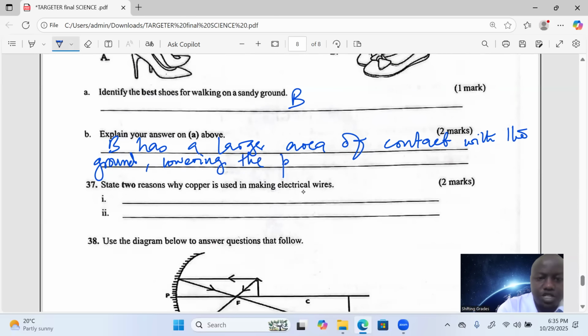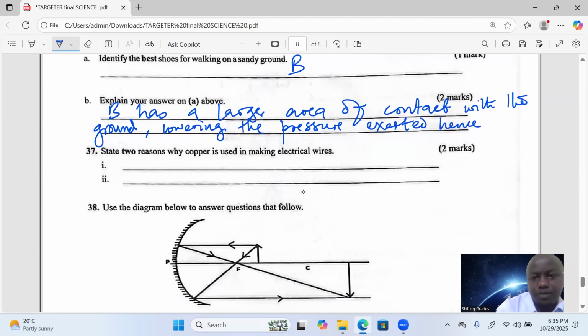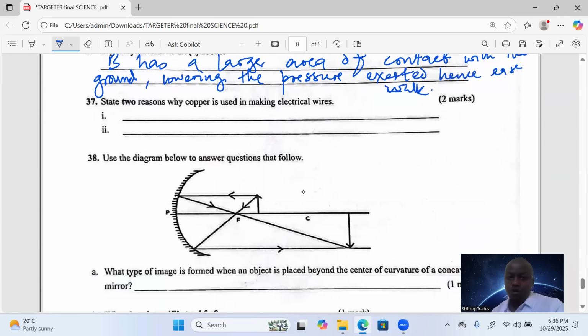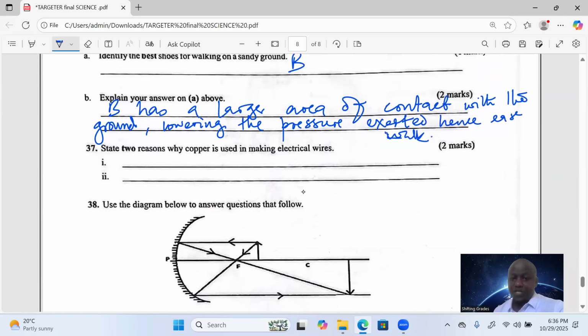Hence walking is easy, a comfortable walk. So the walking is comfortable because the pressure exerted is being reduced.